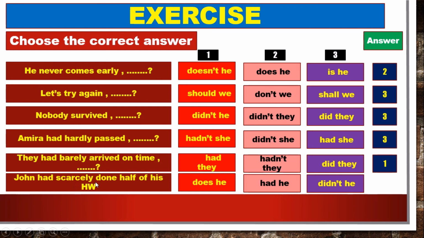John had scarcely done half of his homework. Negative, we need to use positive. So we change John had scarcely done half of his homework to had he, as a question tag.